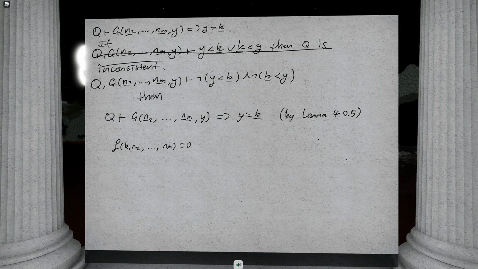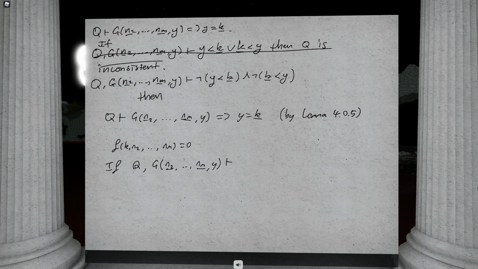Then if it was the case that Q with the hypothesis of G, with all the extra stuff, was able to prove that Y is less than K underline. What was the internals of G? It's just the same as what you've already written up there: N2 underline up to NM underline, Y. Actually, let's do the easy case.